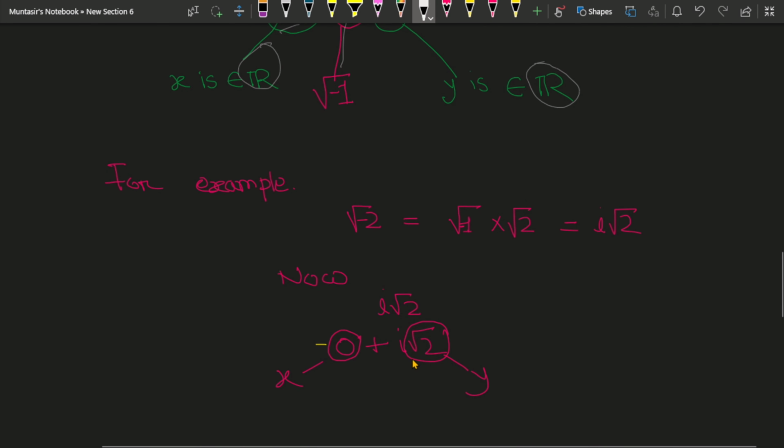Now, for example, if we want to say what is root over -2, we will divide it in 2 pieces. You can write it as root over -1 multiplied by root 2. Root over -1 is i, root over 2 is root over 2.